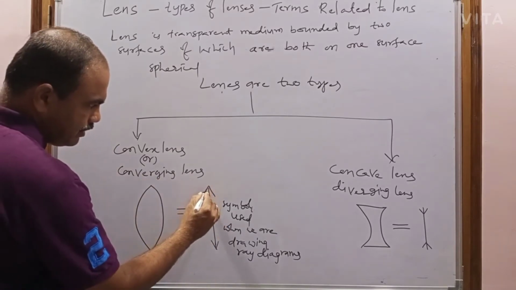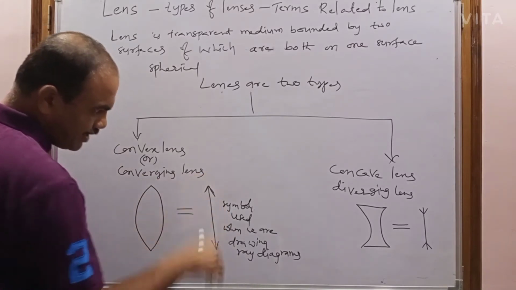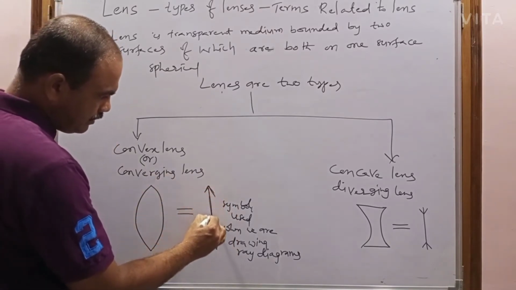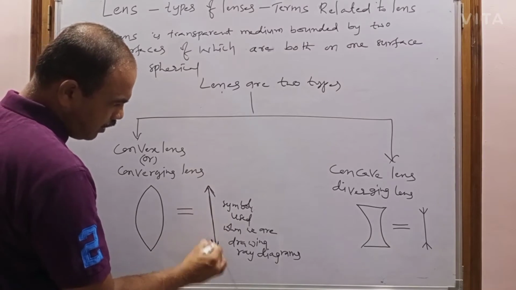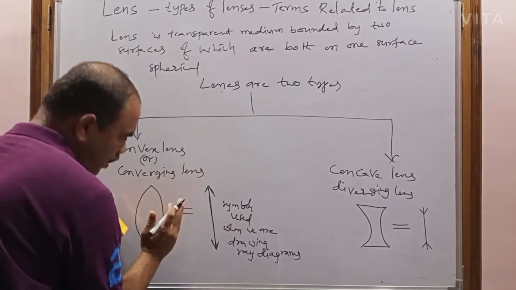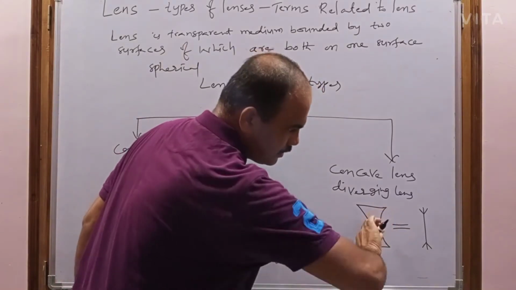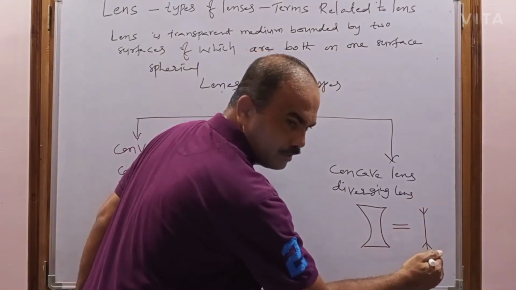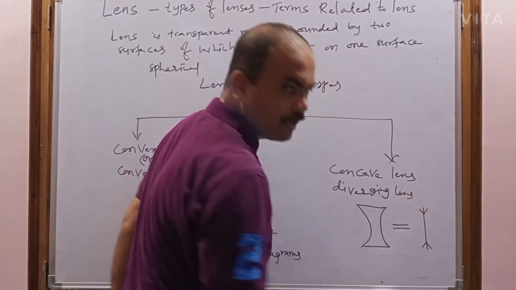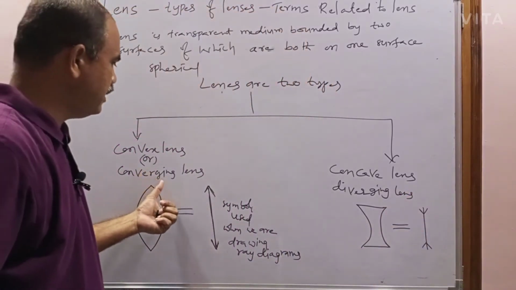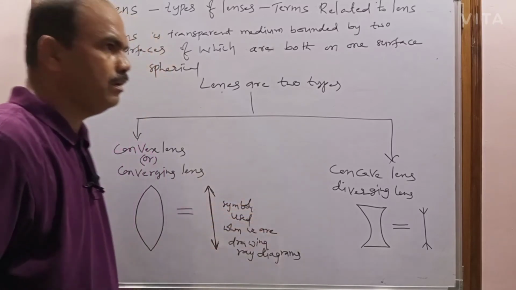That's why in the symbol the arrow marks will be outside. We draw a line and put the arrow marks outside because it is curved outside. But the concave lens is curved inside, so we draw the line and put the arrow marks inside.